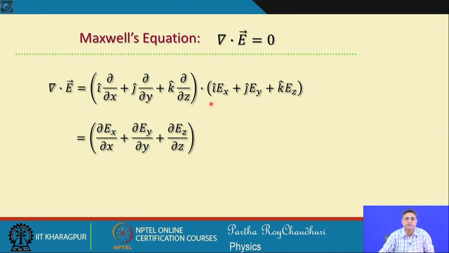For that, first we bring in the first Maxwell's equation for free space, that is del dot E equals 0. Here del dot E can be represented by del E x by del x plus del E y by del y plus del E z by del z.